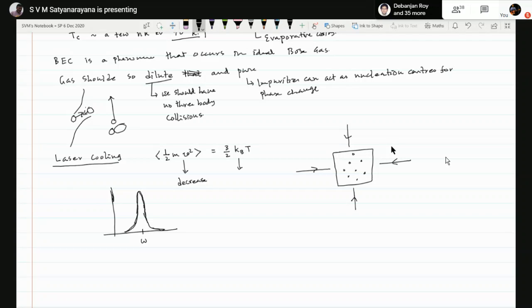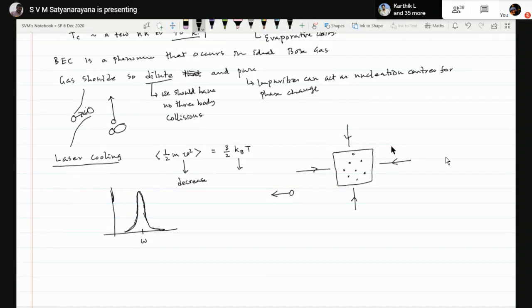Now what you can do is, suppose the particle is coming in this direction, then there will be a frequency shift because of the Doppler effect. That means you are going to see a higher resonance frequency because of this Doppler shift.